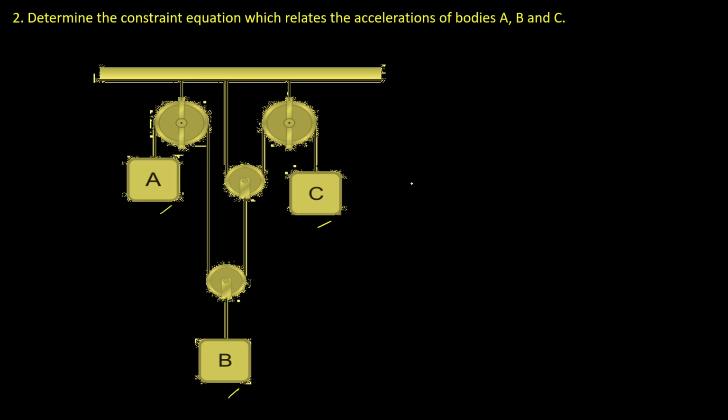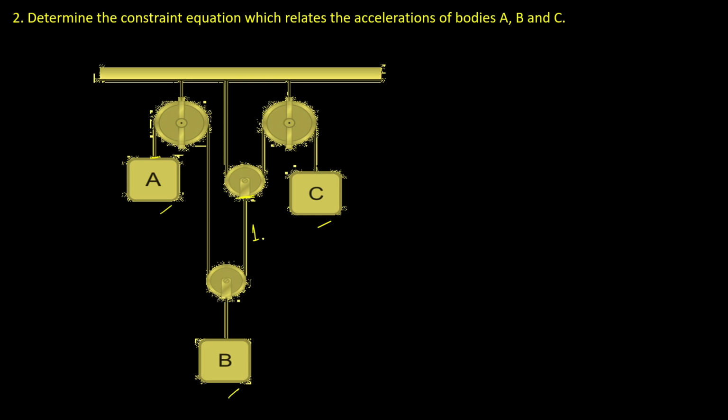So first of all, let me discuss the long method. For the long method, you need to actually calculate the lengths of strings by assuming some arbitrary lengths initially. So first of all, let me take this string, which starts from here at a and goes like this up to this point.